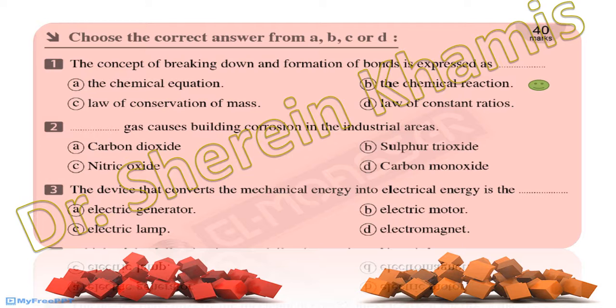Okay, let's go to question 2. Which gas causes building erosion in industrial areas? We have carbon dioxide, sulfur trioxide, nitric oxide, and carbon monoxide. Only one causes erosion or corrosion of buildings in industrial areas.